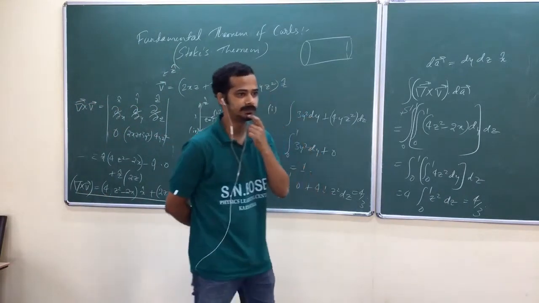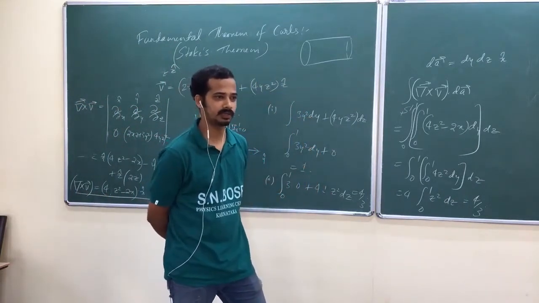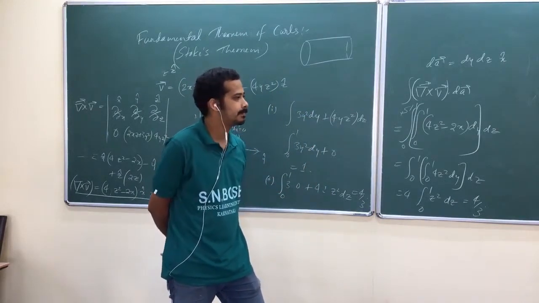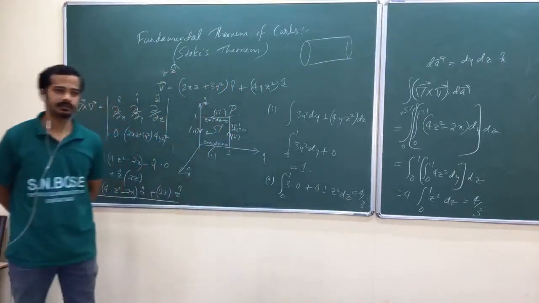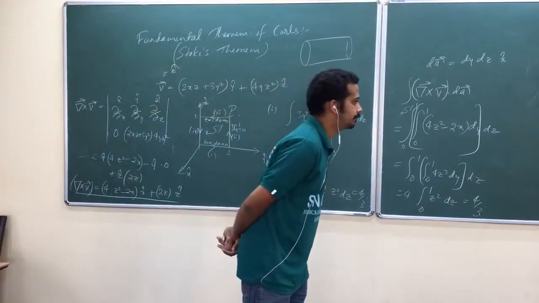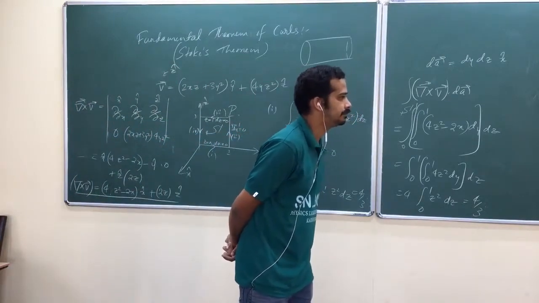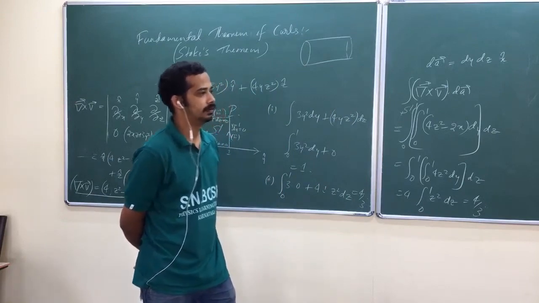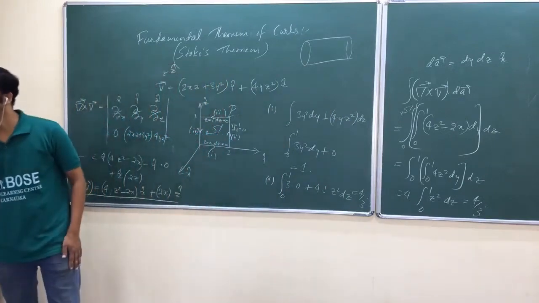What would you feel? You have to take both the path integrals both in the same direction. Yeah, we have to be careful. Yeah, let me think of it. Yeah, speak out.